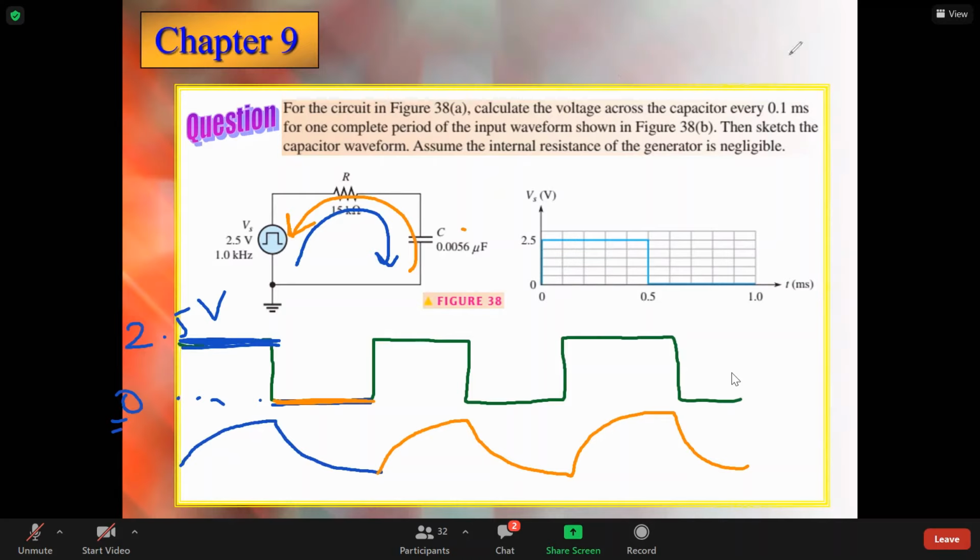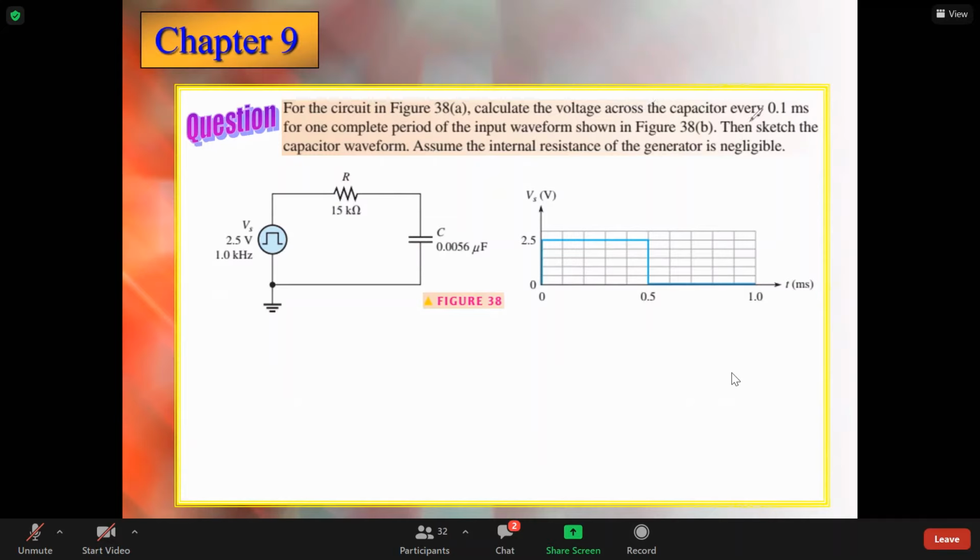Now let's see what they are saying in this question. They are saying calculate the voltage across the capacitor every 0.1 millisecond. We want to know how much is the voltage across the capacitor every 0.1 millisecond.